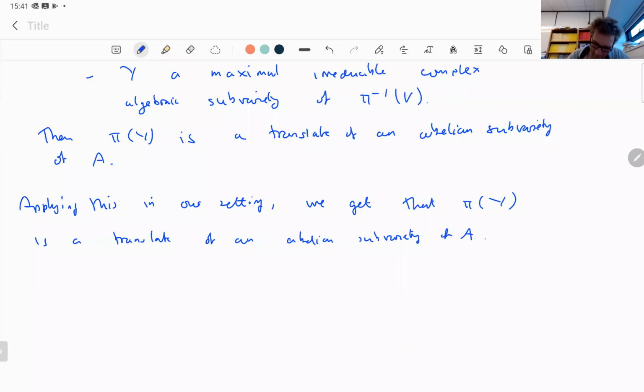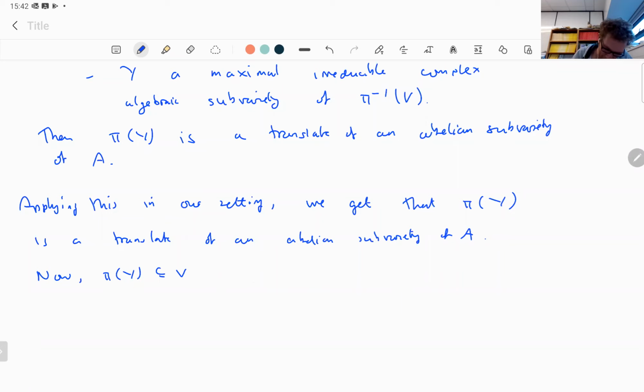Now y is contained in pi inverse of V, so pi of y is contained in V, and they're both one-dimensional. V is one-dimensional irreducible. This is algebraic, one-dimensional.